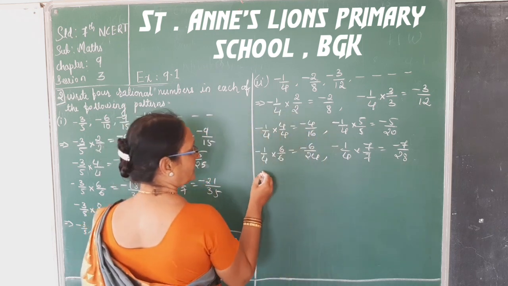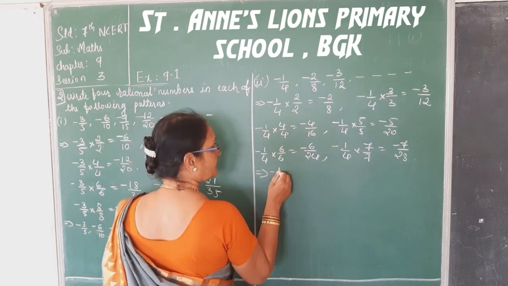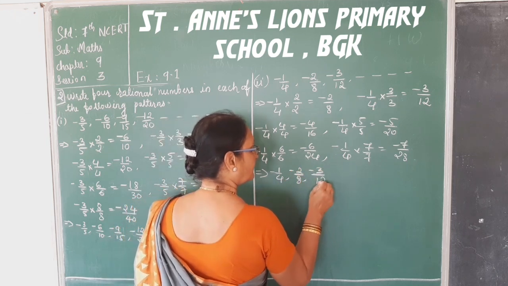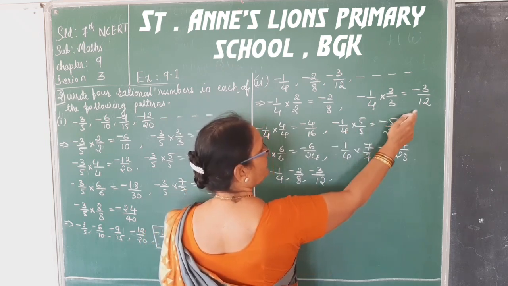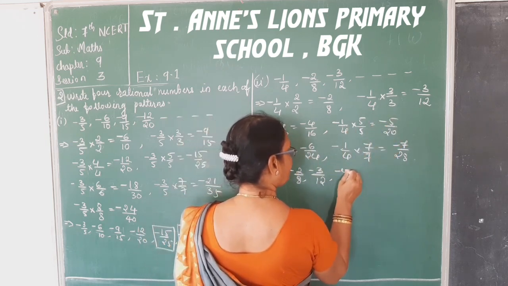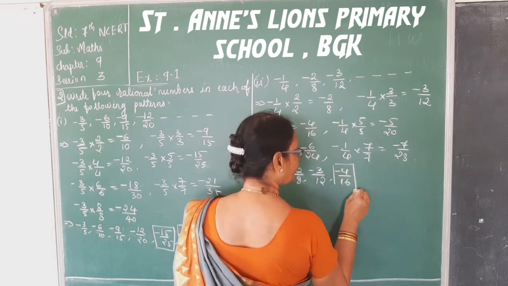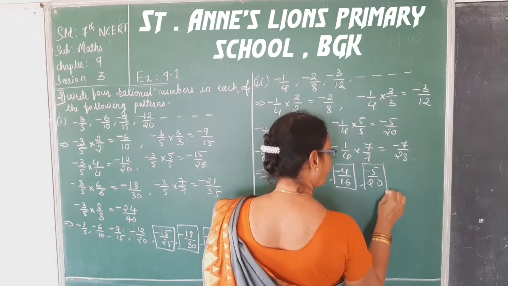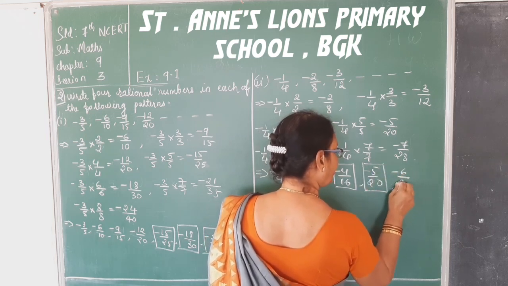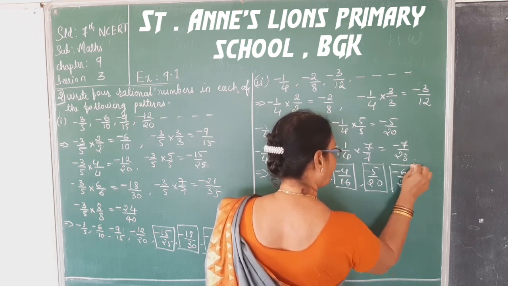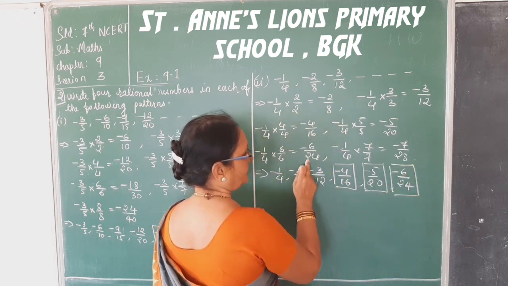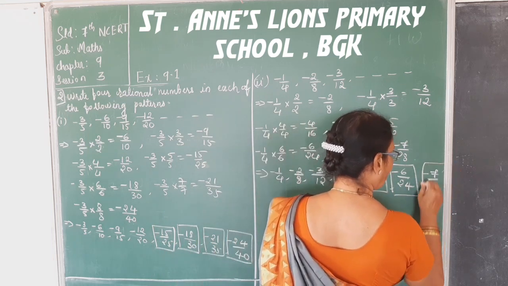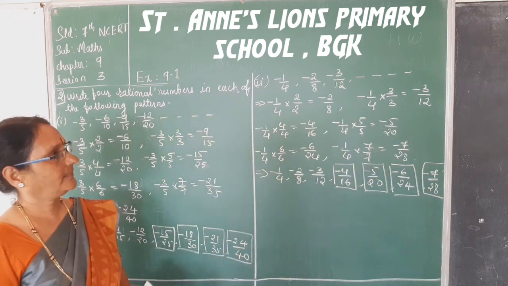So how to continue that pattern? This implies that minus 1 by 4, minus 2 by 8, minus 3 by 12, next after 3 by 12, see, minus 4 by 16, minus 5 by 20, okay, then minus 6 by 24, minus 7 by 28 are the required pattern for the given pattern, okay.